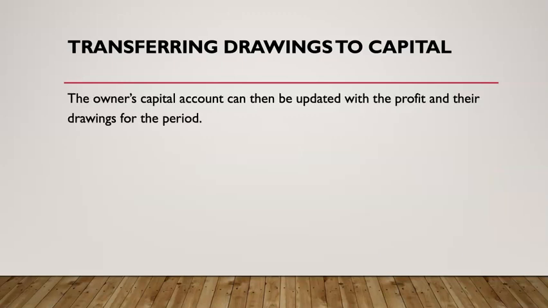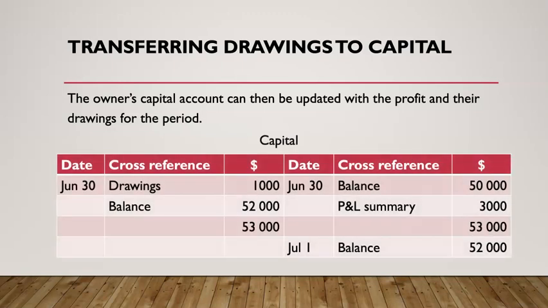We can then update our owner's capital account, our owner's equity, with both our profit and the drawings for the period. It might look something like this, and this looks a bit complicated. Our capital account could ultimately look like this, using our business example. Capital would have an opening balance because it is a owner's equity account that gets balanced.